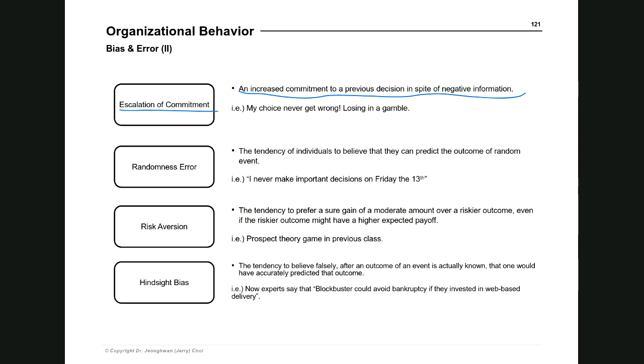Even though there is no reason to escalate, no reason to raise your money, I will commit, because I believe my choice never gets wrong. My choice must be right. That's the reason why we play, and why we raise our money in the game.